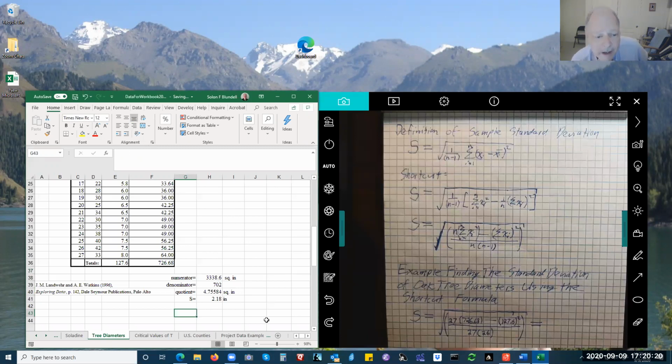Now, Excel can also do all this more quickly. You don't always have Excel, so I want you to see how to do it just with arithmetic. But doing this with Excel, here's what happens.